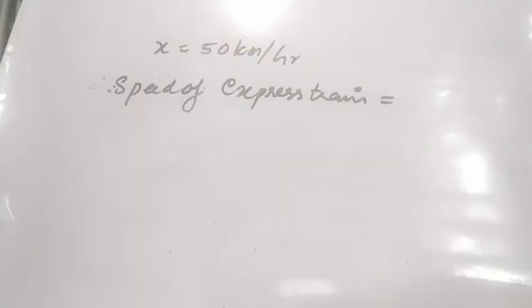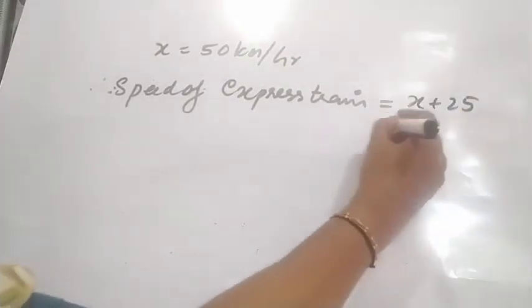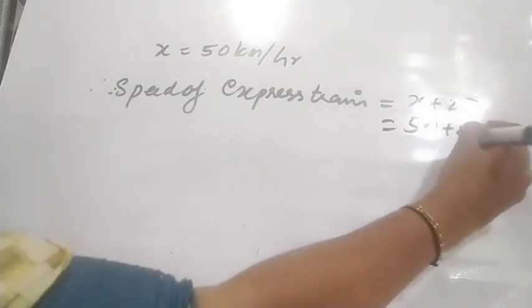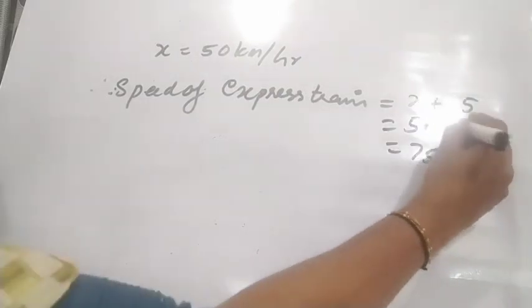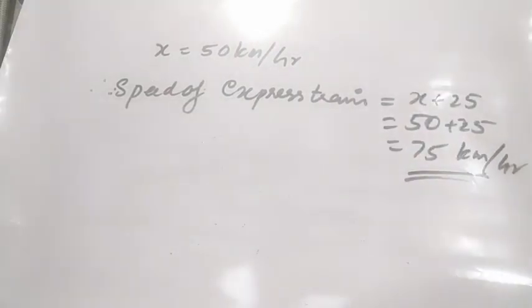Here we obtained x as 50 km per hour, so the speed of the express train is x plus 25, that is 50 plus 25, 75 km per hour. Okay, that is the solution. Understood these problems?